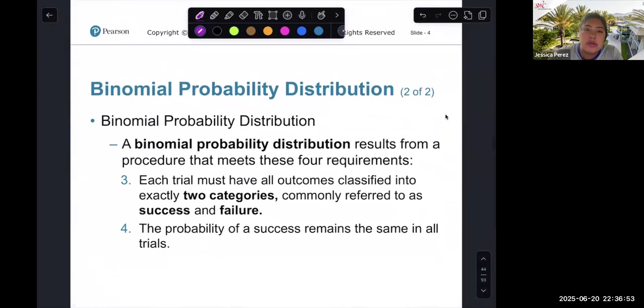A binomial distribution must have exactly two categories, a success and a failure. So every time we look at a study, it must be classified into two different things, success or failure. The probability of success remains the same in all trials. That's the fourth rule. So we have four requirements.